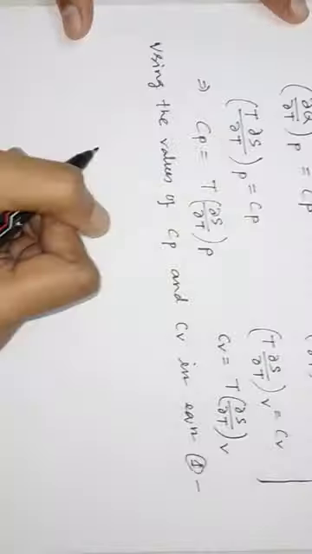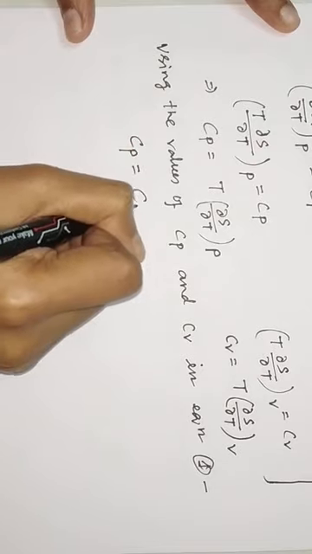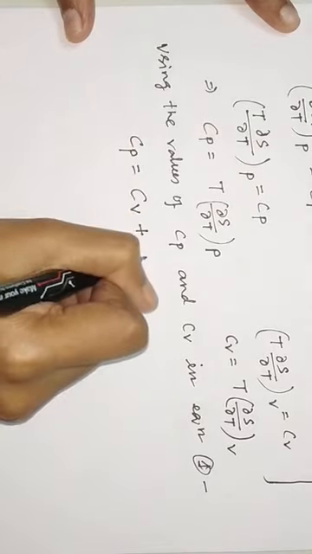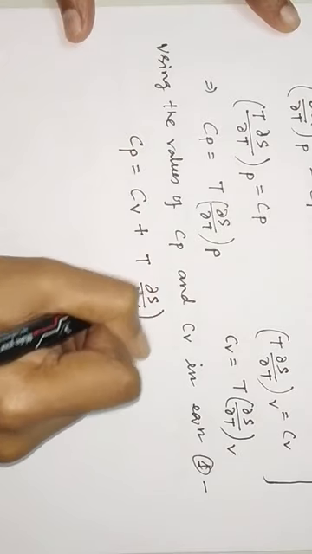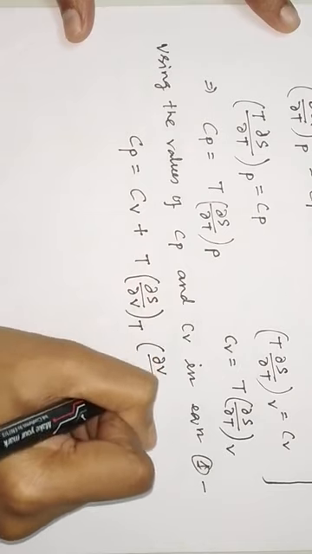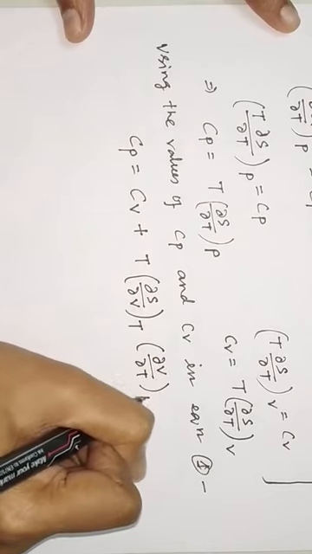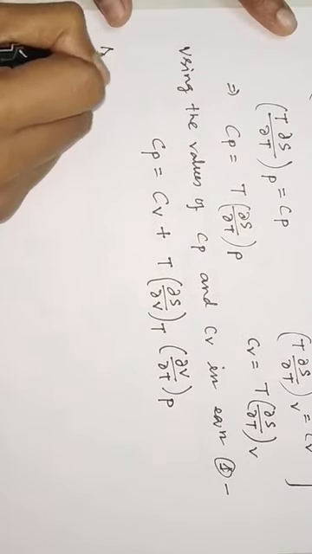Okay, so we have Cp equals Cv plus T del S del V at constant T into del V del T at constant P. Okay, now we will use Maxwell's relation.